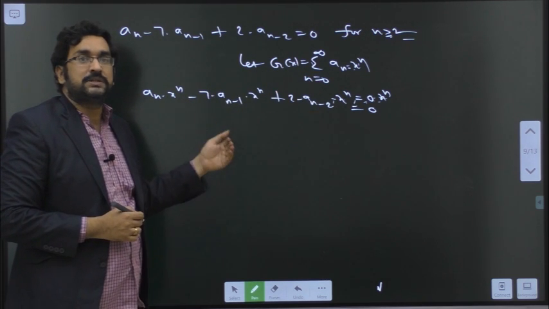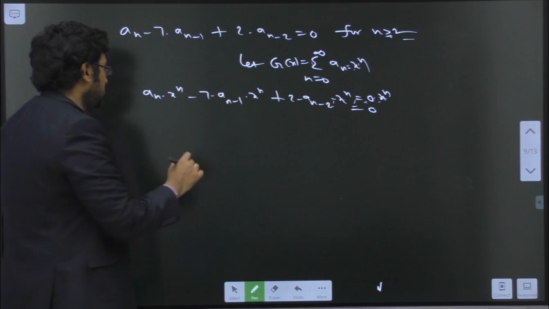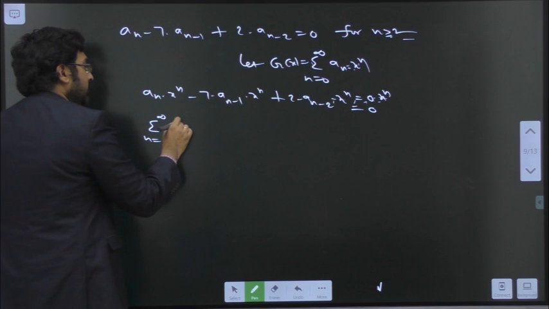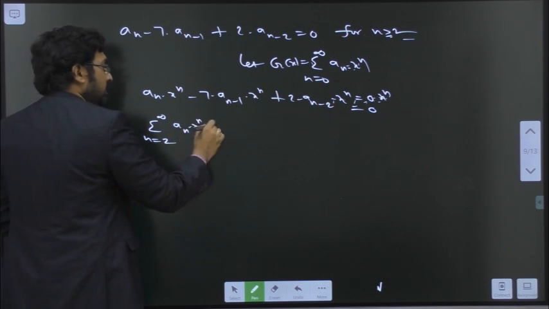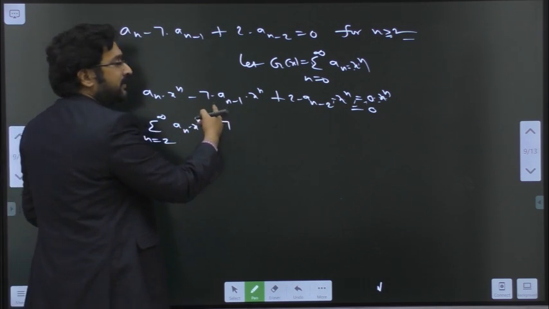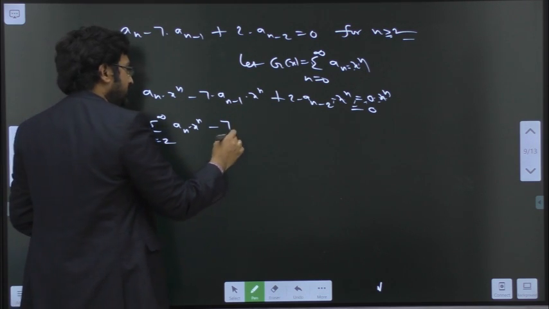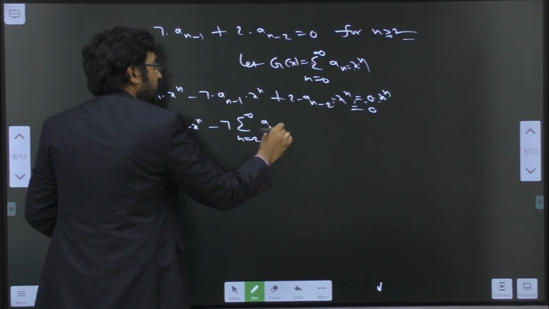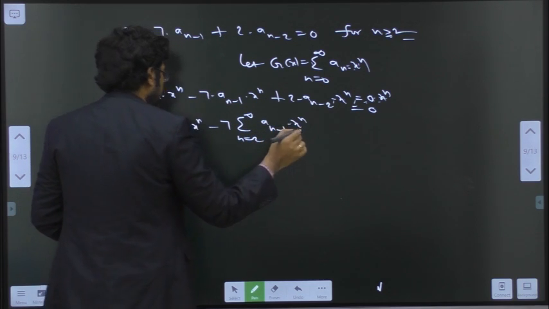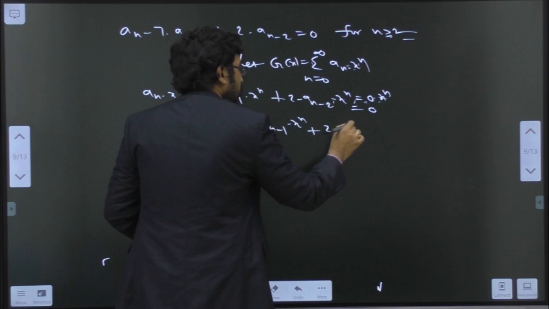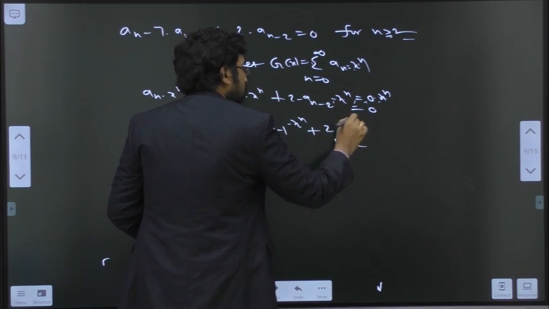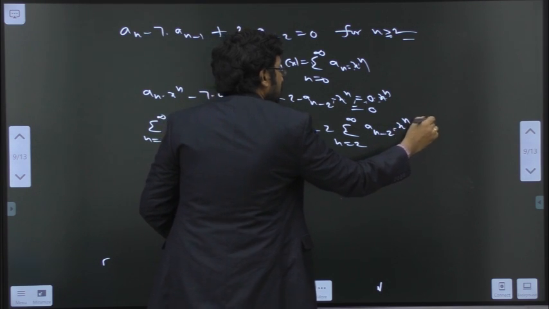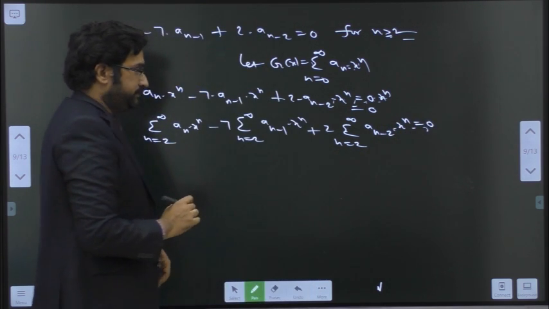That means summation should start from 2. So we will get sigma n equal to 2 to infinity an into x power n minus 7, take 7 outside of the summation, so 7 into sigma n equal to 2 to infinity a n minus 1 into x power n plus 2 into sigma n equal to 2 to infinity a n minus 2 into x power n equal 0.